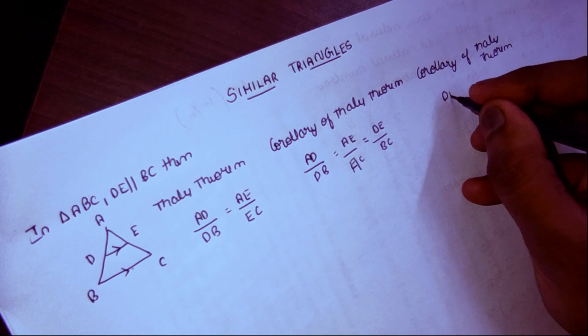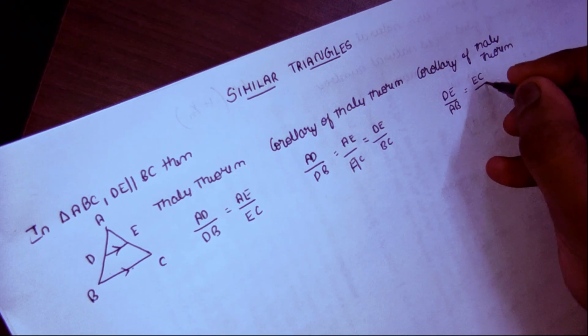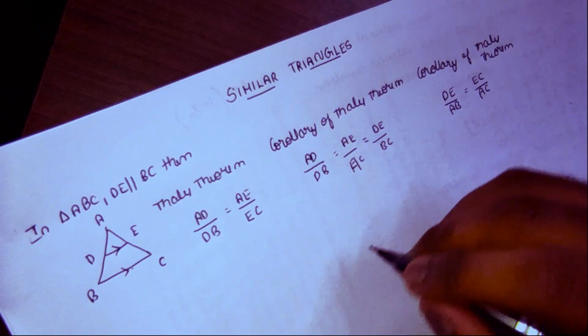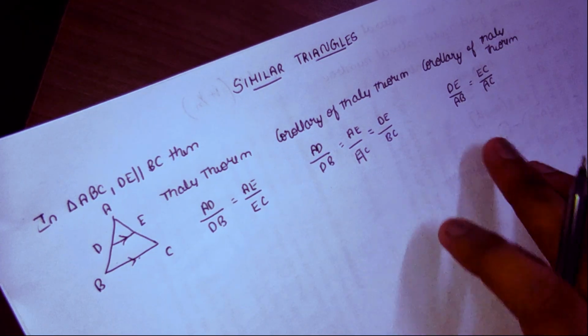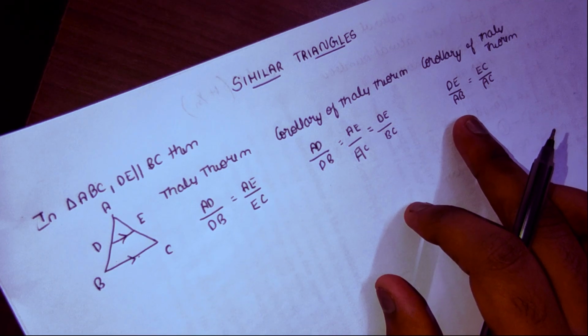This is equal to DE by AB is equal to EC by AC. This kind of corollaries can be used in proving questions.